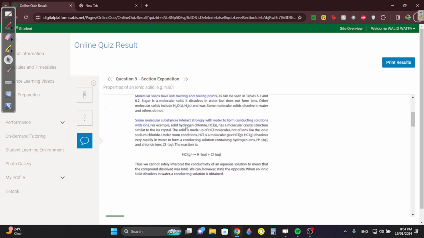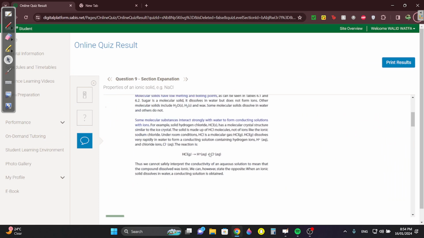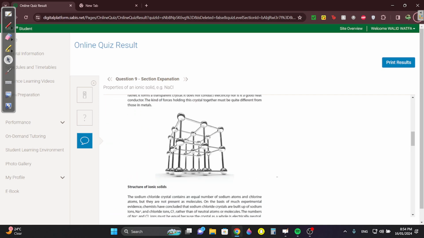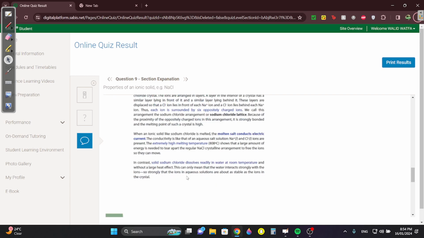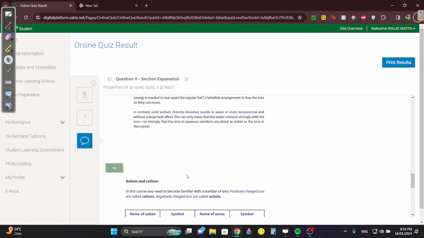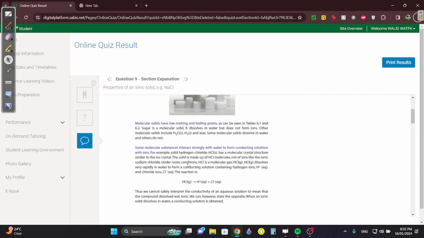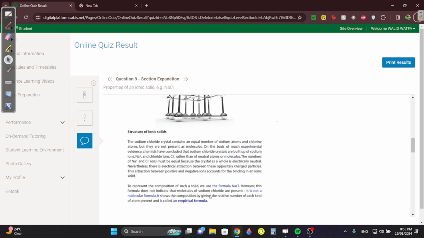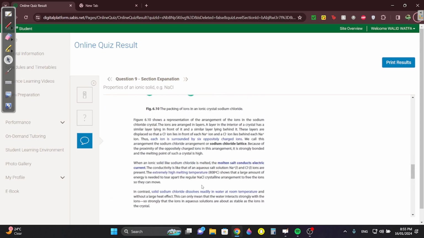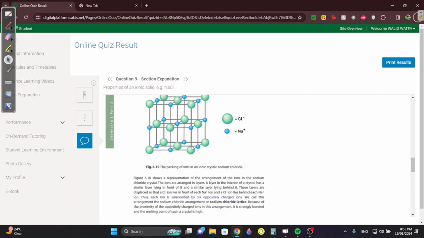It's the ionic solid. Here they're talking about molecular solids. They say low melting points, low boiling points. This is ionic solid here. Where do they say it as high? Here. Yeah, extremely high melting temperature. This is for an ionic solid.